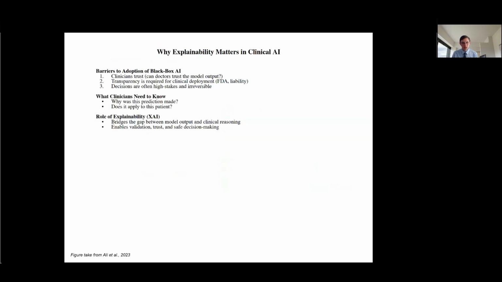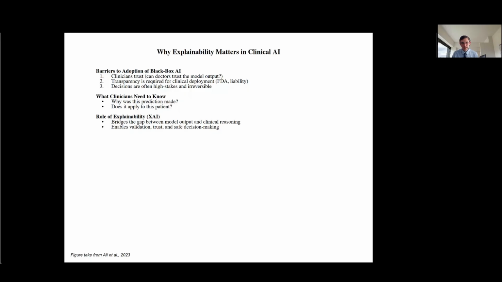So that leads us to our next model and our next concept, which is really explainability in artificial intelligence. To understand explainability, you have to understand some of the barriers to implementation of these models, specifically the black box models, which are the first models that were developed. The first barrier is clinician trust. Can the doctors really trust the output of this model?